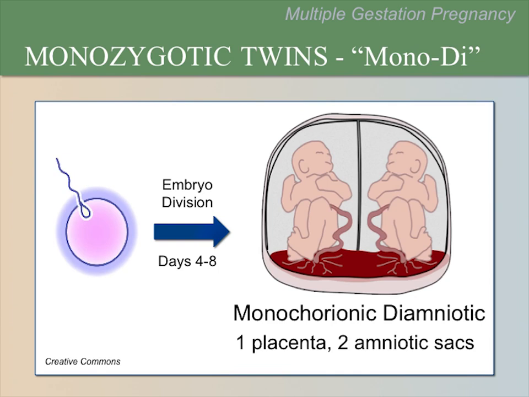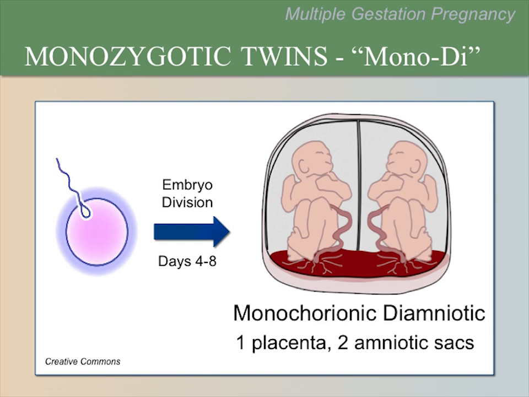What happens when monozygotic twins divide later than 3 days after fertilization? If embryo division occurs between days 4 through 8, the embryo will split into 2 identical fetuses, but this time only a single placenta will form with 2 amniotic sacs. This is called a monochorionic, diamniotic twin pregnancy.